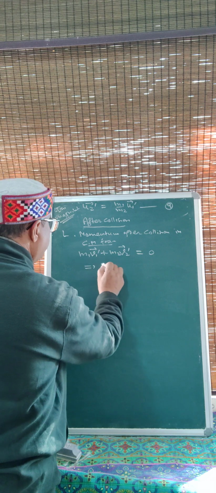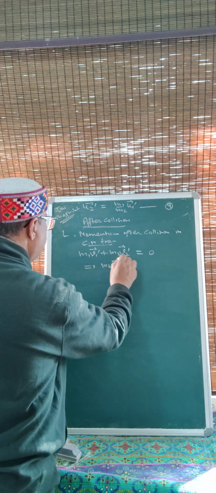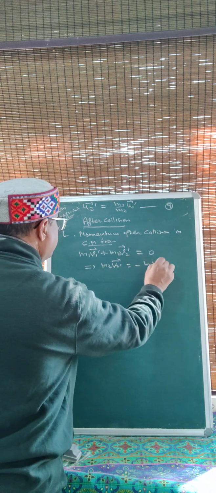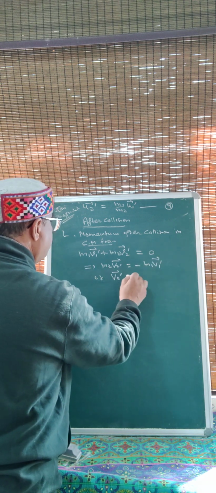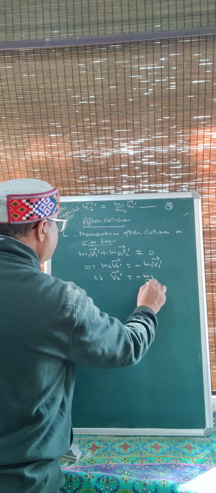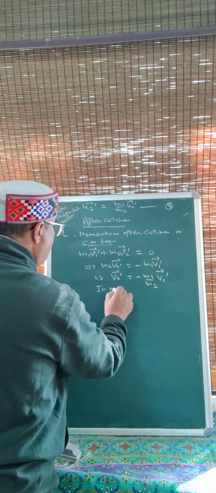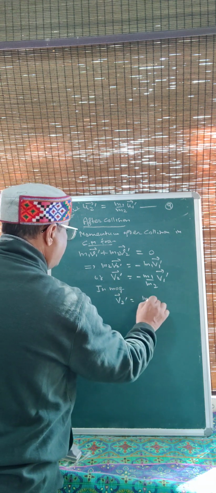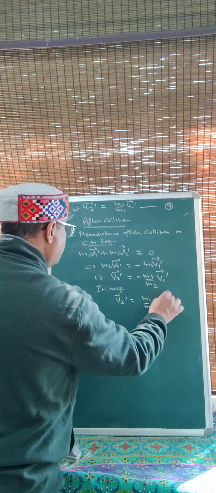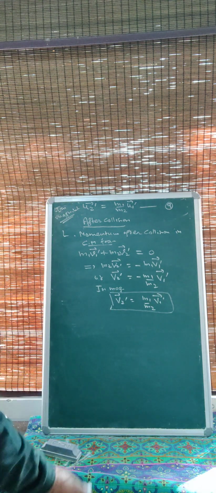Which implies that m2 v2 dash is equal to minus m1 v1 dash, or v2 dash is equal to minus m1 over m2 into v1 dash, or in magnitude v2 dash is equal to m1 over m2 into v1 dash. So we have found v2 dash as well. Equation number 9 was the earlier one.